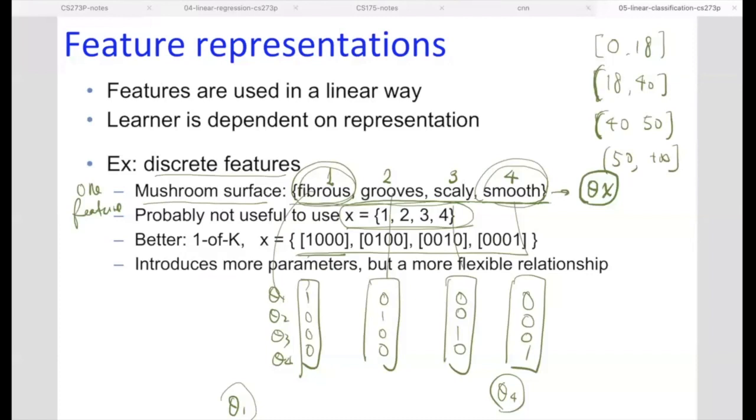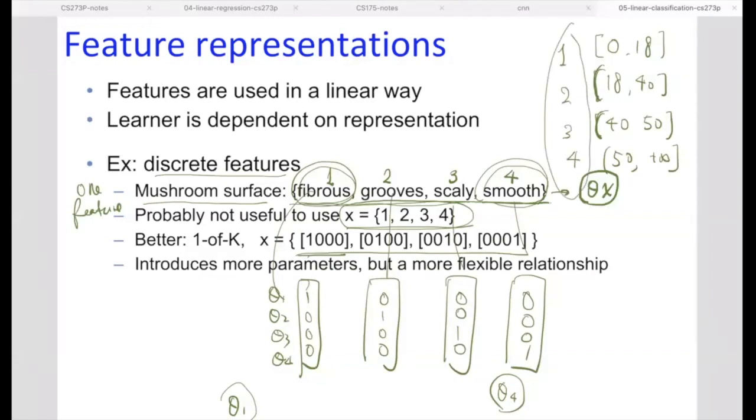Well, that's more debatable. You can use 1, 2, 3, 4 to represent these features, if you believe the things you want to classify have this type of linear correspondence associated with these ages.